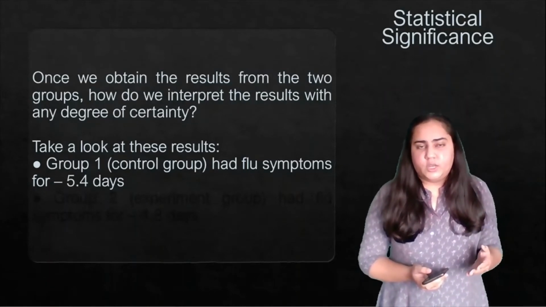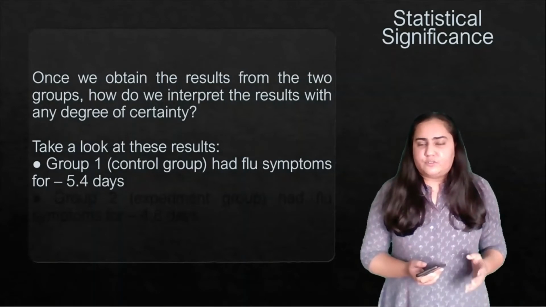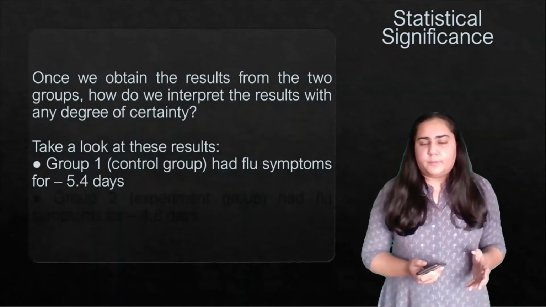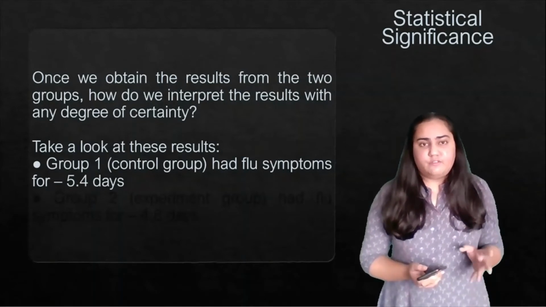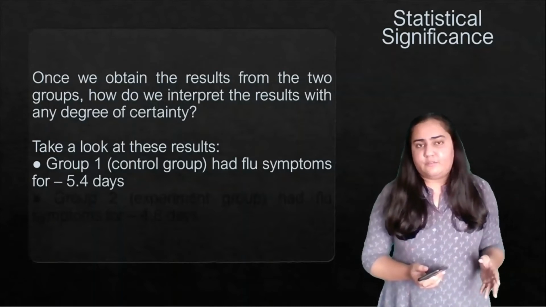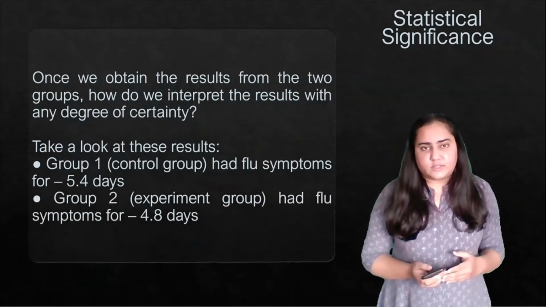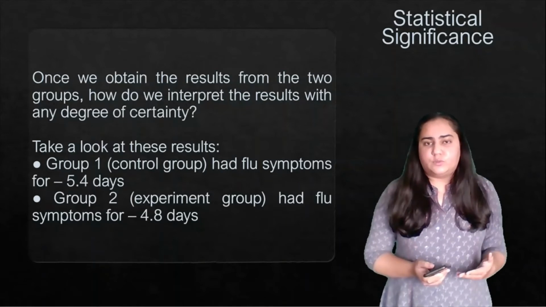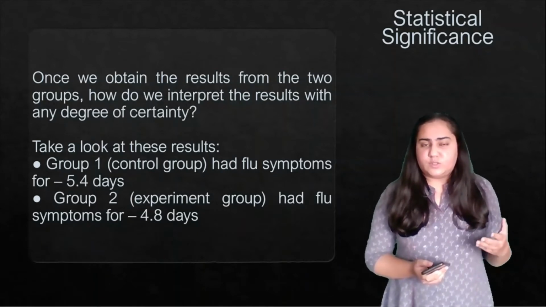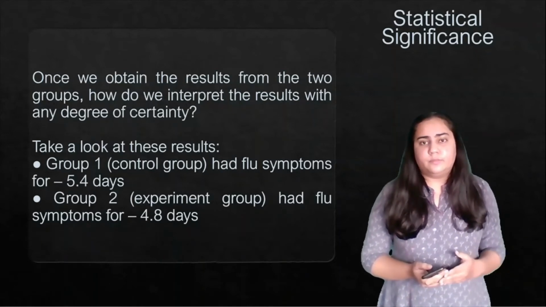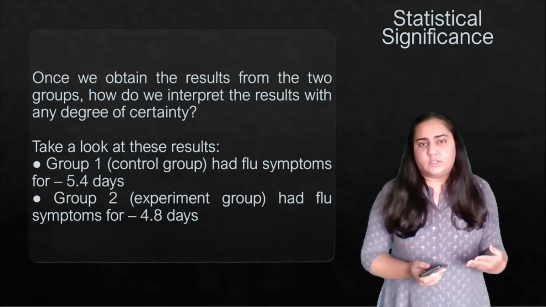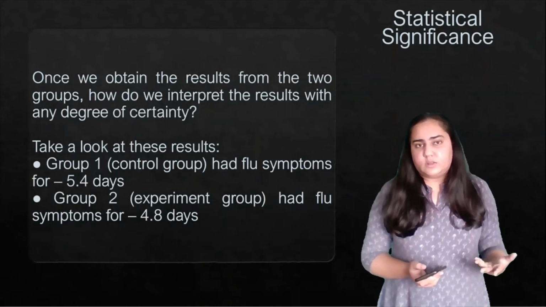This is an average. We took an average of all the 40 people in group 1, and their flu symptoms lasted for an average of 5.4 days. And for group 2, which was the experiment group, which was given the real medication, their symptoms lasted for an average of 4.8 days. So there is a difference.